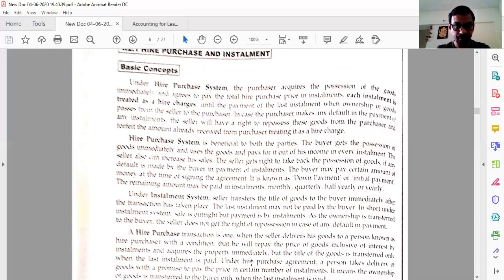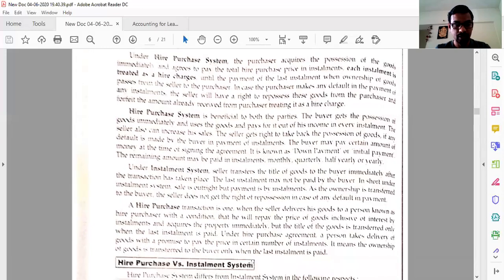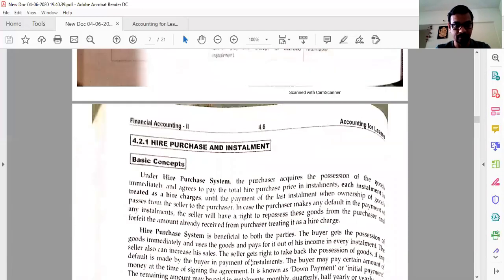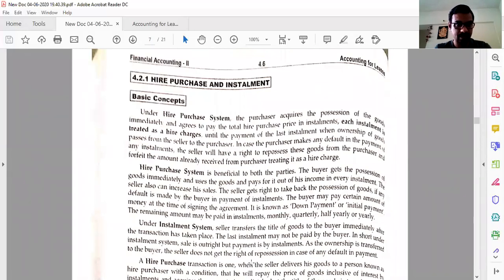Okay. Under the hire purchase system, the purchaser acquires the possession of the goods immediately and agrees to pay the total hire purchase price in installments. Each installment is treated as hire charges until the payment of the last installment, and ownership of goods passes from the seller to the purchaser.